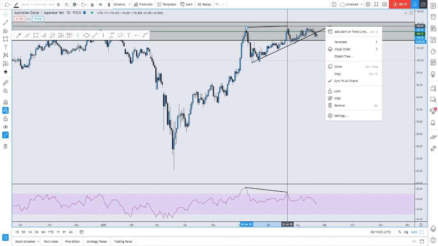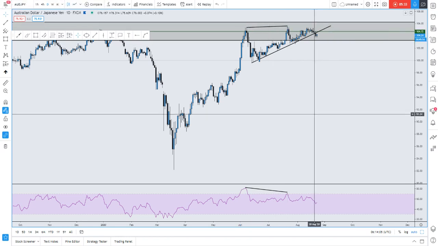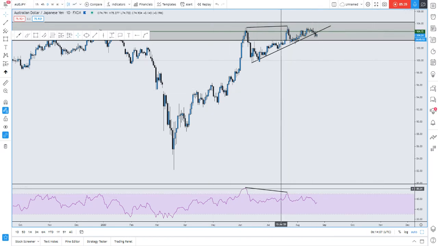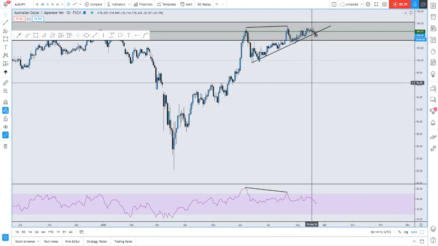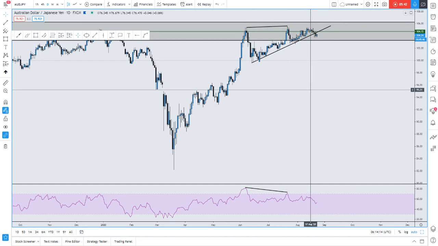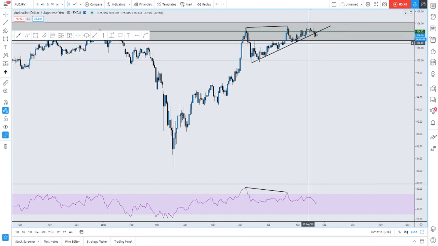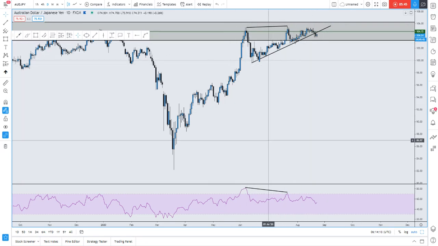So looking at this closely, we are expecting the divergence to actually let price play out to the downside. So what I'm actually looking at on AUDJPY is to go short on it.